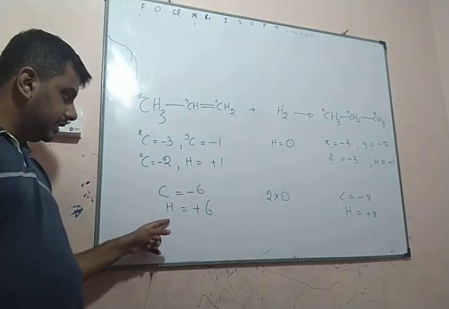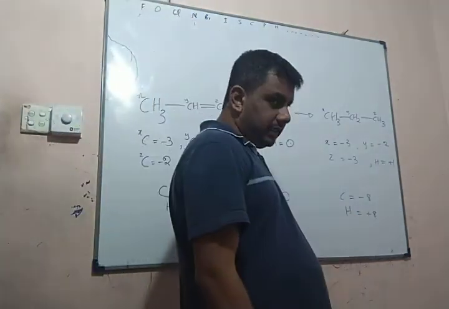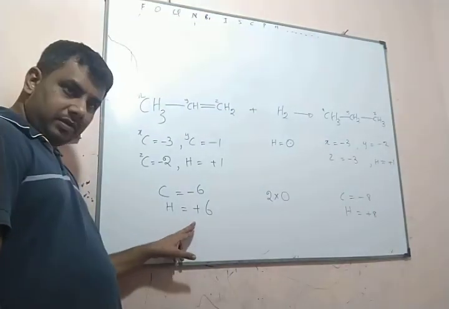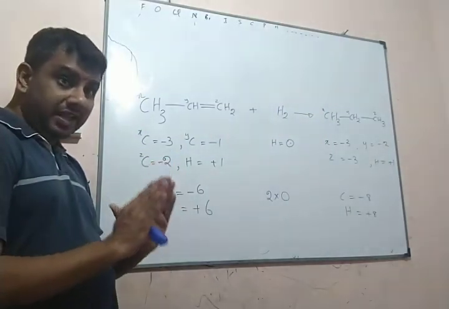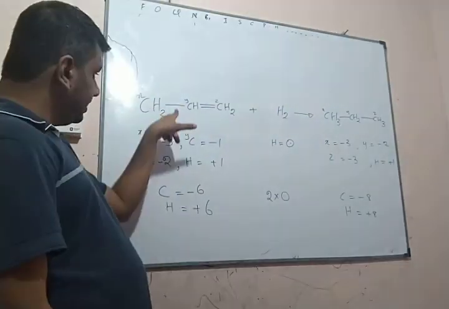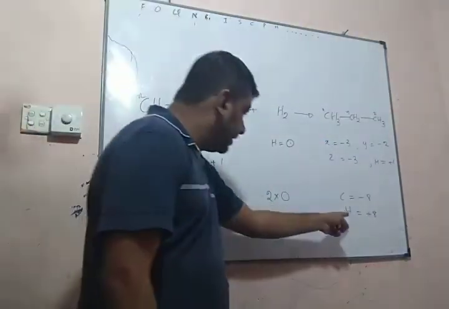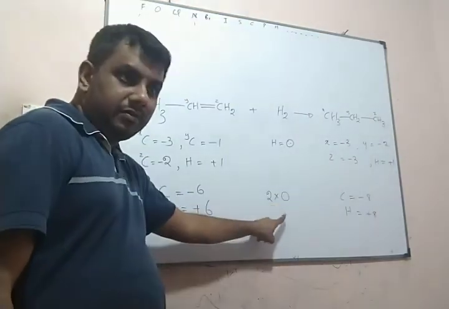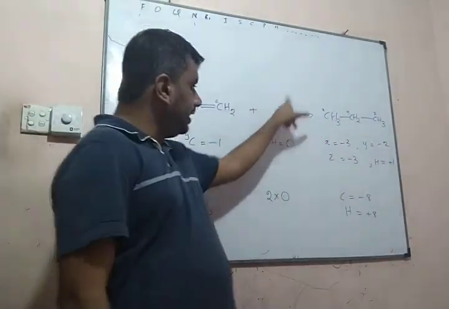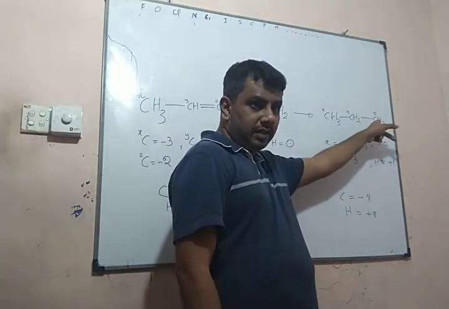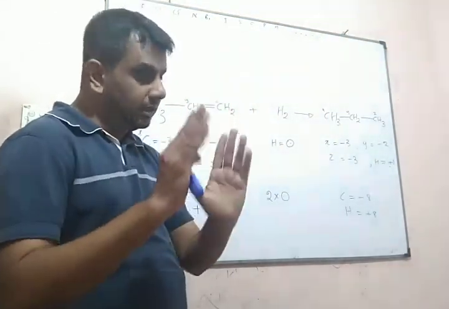Hydrogen plus 6, 2 into 0. Here plus 8. So initially plus 6, now plus 8. What you can say? 6 hydrogen remains unchanged. This 6 hydrogen remains unchanged. Same plus 6. Additionally, these 2 hydrogens are initially at 0, and here that 2 hydrogen will be combined with this compound, and the oxidation state of that 2 hydrogen becomes plus 1 and totally plus 2.